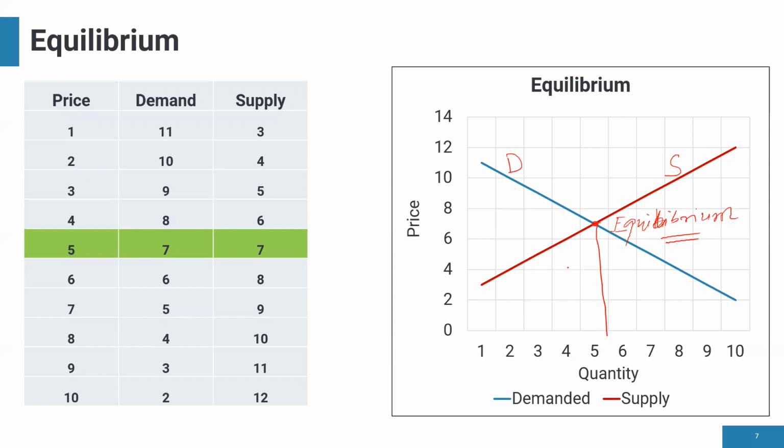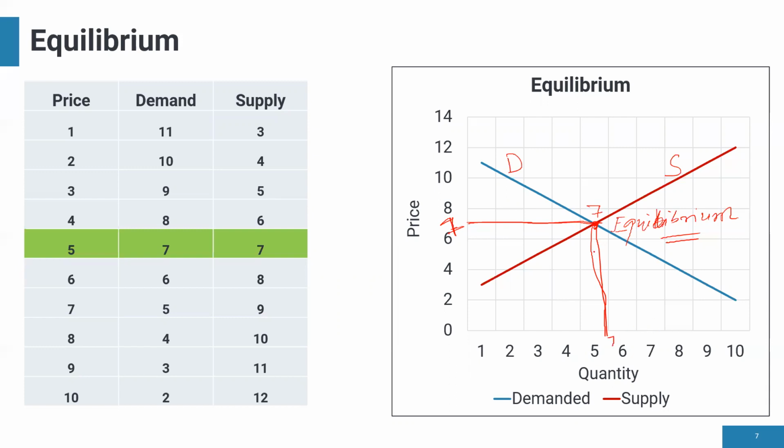Equilibrium is that price and quantity where demand equals supply. At this price, the demand value is 7 and the supply value is also 7. So price is 7 and quantity is also how much? I think it should be 7, but it's not representing here.